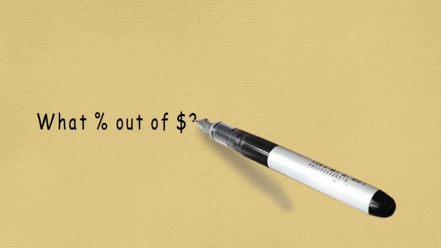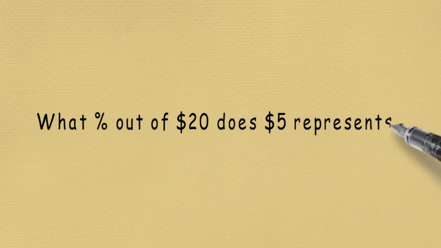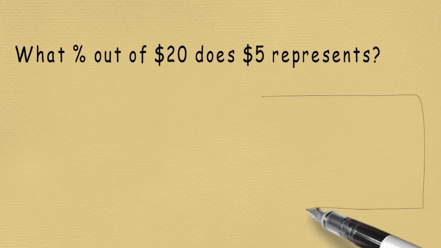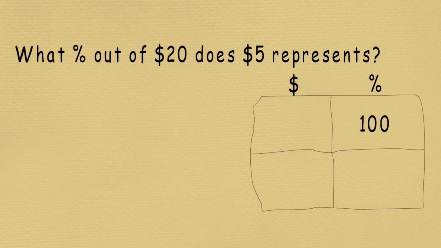What percentage out of $20 does $5 represent? So first, I'm going to draw my window box. There it is. Now, I look at my question, and I see that I'm given quantities that correspond to money, namely 20 and 5. $20 corresponds to money, and $5 corresponds to money.